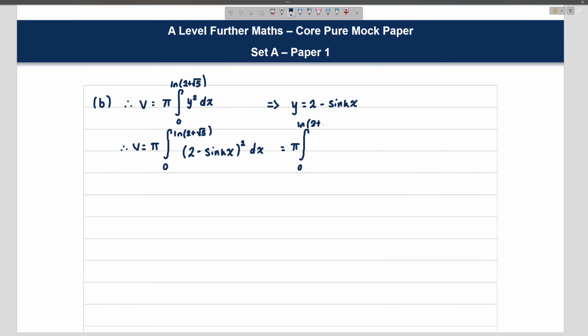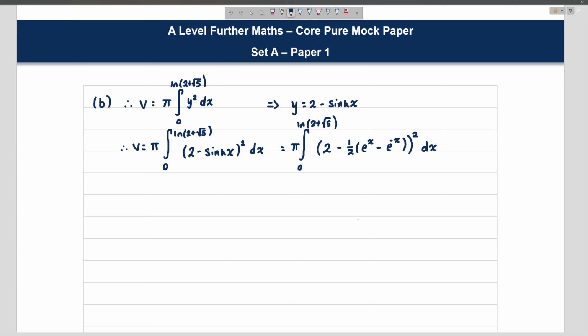It does get a little bit repetitive writing this each and every time, but it is necessary. So I've got 2 minus a half times e to the x minus e to the minus x, and all of this is squared, and we're integrating with respect to x.